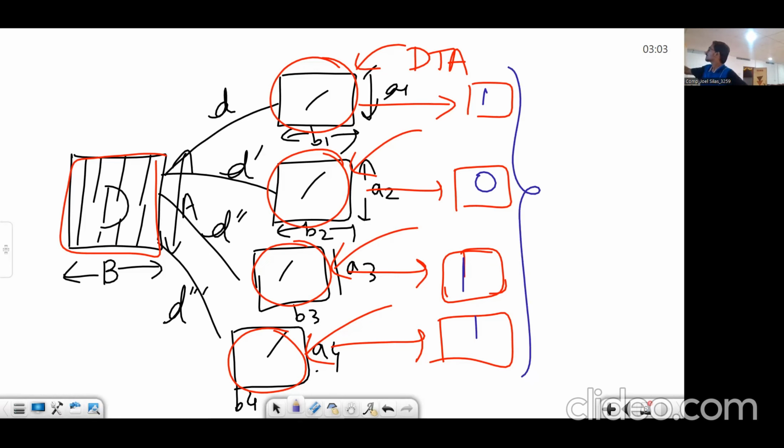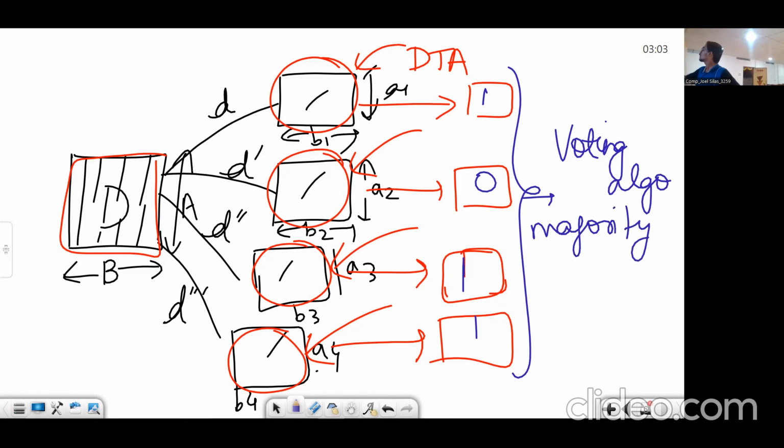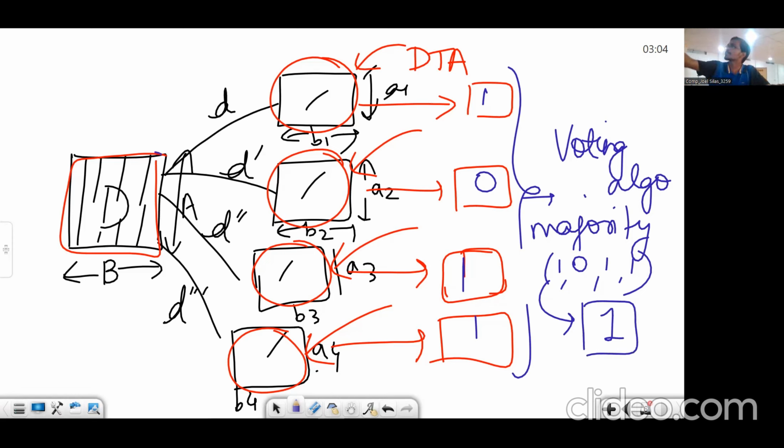And in classification, we will take the majority of all these values. It is called the voting algorithm, maximum voting algorithm, in which we'll take the majority of all the outputs, which we have: 1, 0, 1, 1. The majority or the maximum occurrence is of 1. So the final output taken from this particular data set is said to be 1.